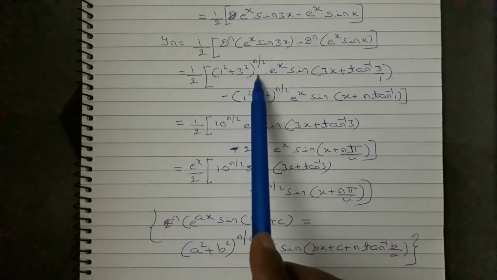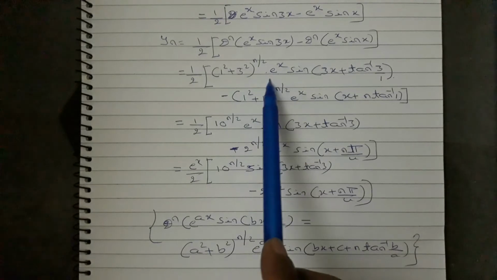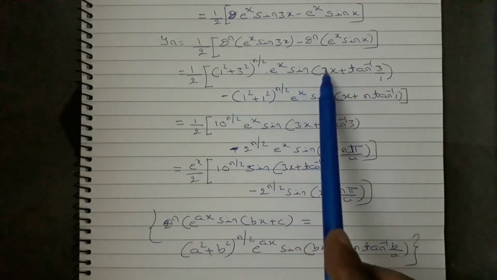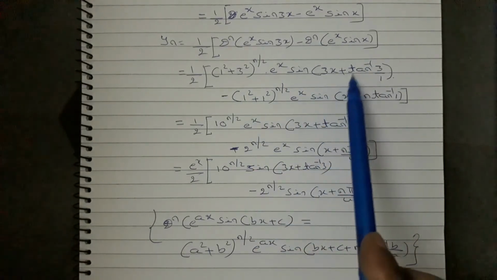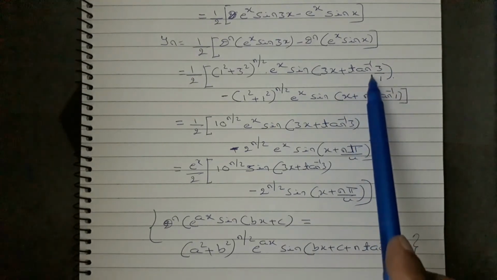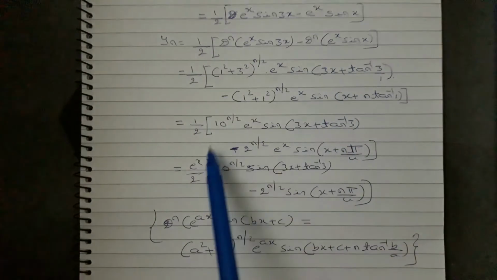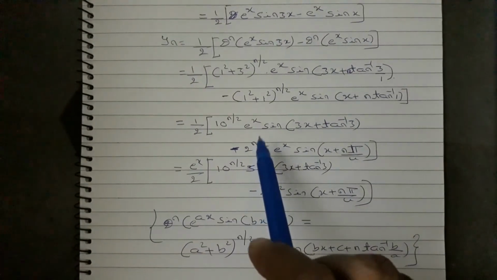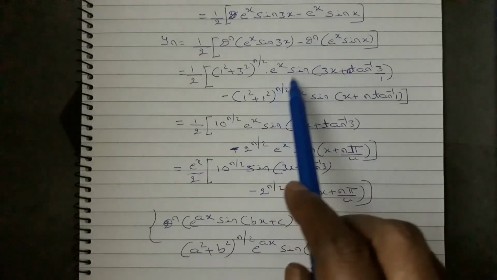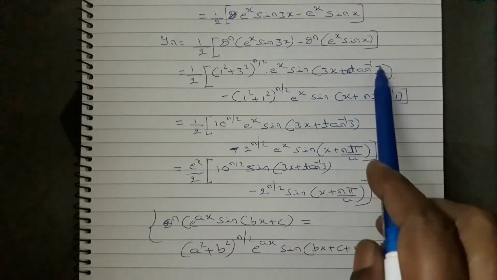So it is (a square plus b square), (1 square plus 3 square) raised to n by 2, e raised to x sin (bx plus n into tan inverse of b by a). So here it is e raised to x sin (3x plus n into tan inverse of b by a). So it is 3 by 1.